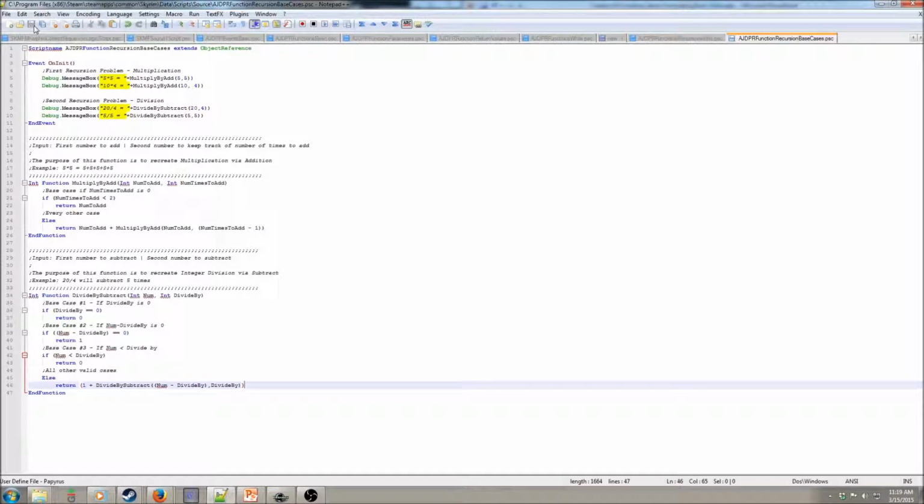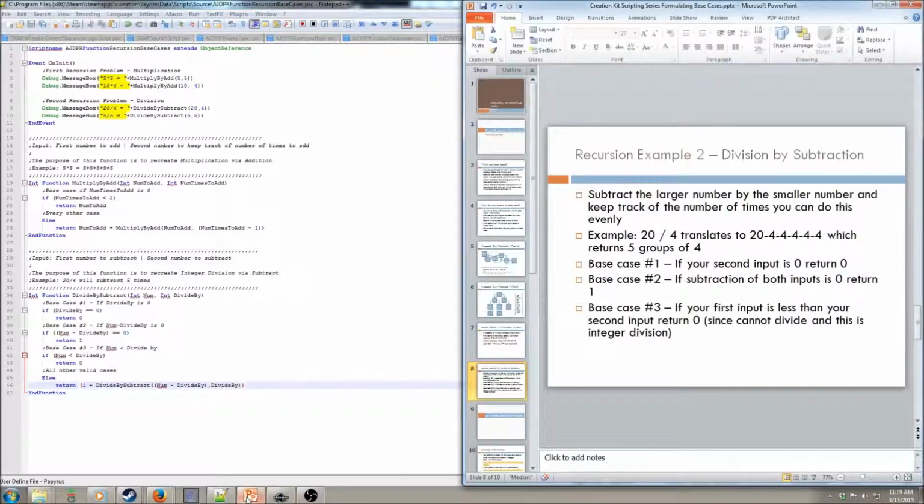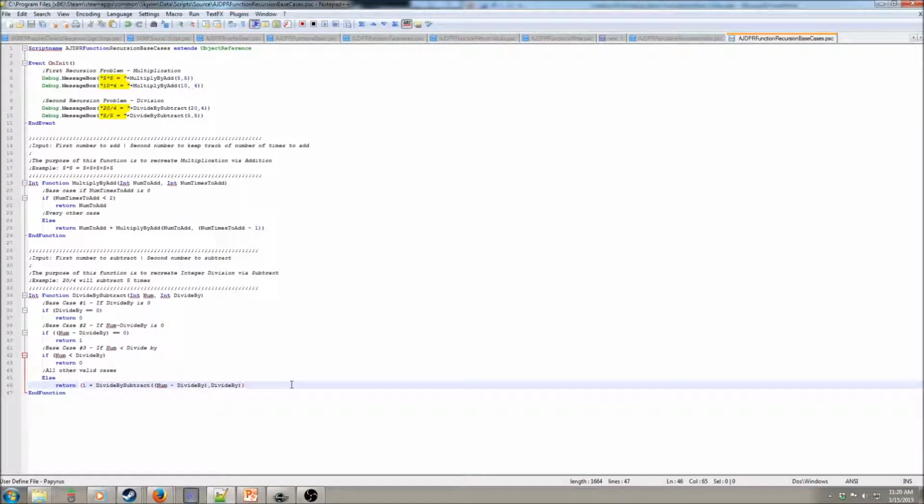And that should be our division function based off the base cases that we have listed here in the PowerPoints. Let's put this in parentheses just so Papyrus doesn't get confused out of its mind, potentially.